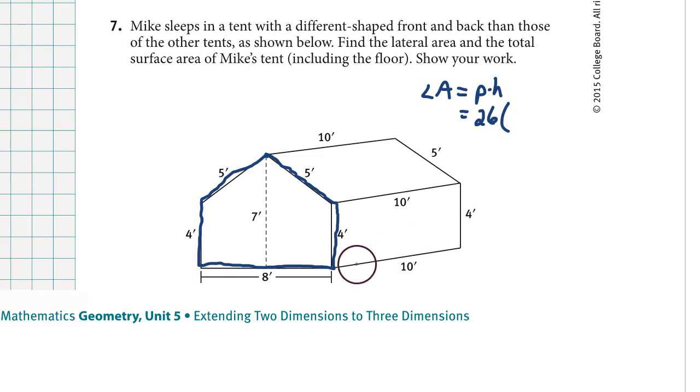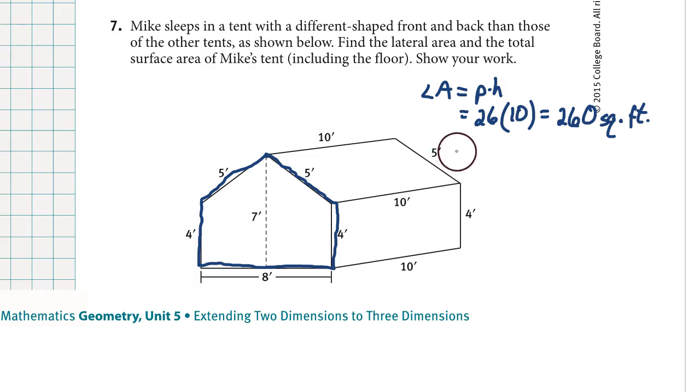In this drawing, the height is the 10, the distance from the front pentagon to the back pentagon. 26 times 10 is 260 square feet. The lateral area of this tent is 260 square feet. The lateral area are the rectangular panels of the tent that connect the front to the back.